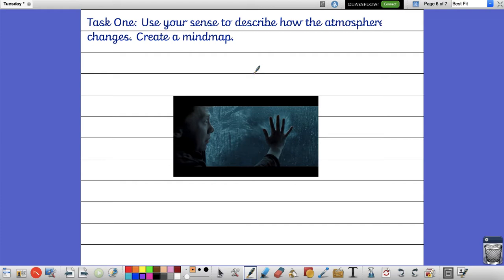So I could put on here unsettling and dismal, but I'm going to try and think of some other ones as well. So I think that this atmosphere was quite uneasy. It made you feel a little bit on edge, like you weren't quite sure what was going to happen. Okay, so uneasy. I'm also going to write the word shadows because it's quite dark.